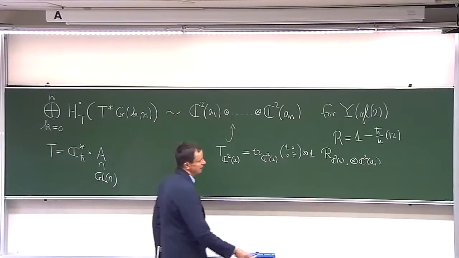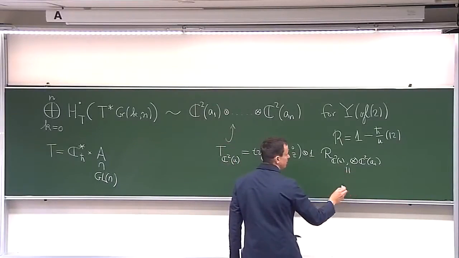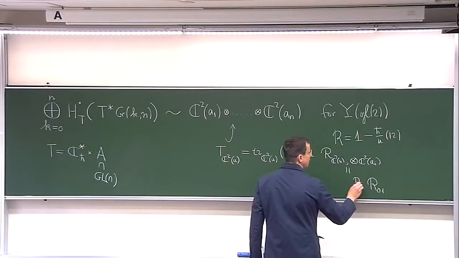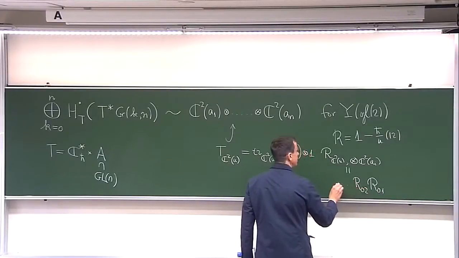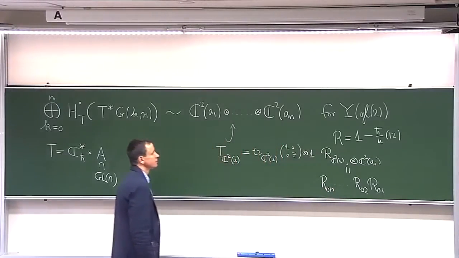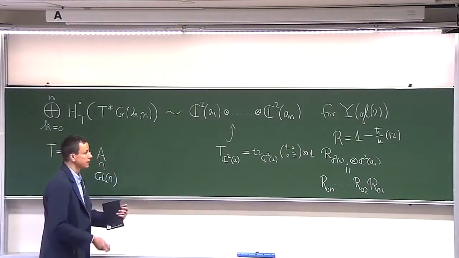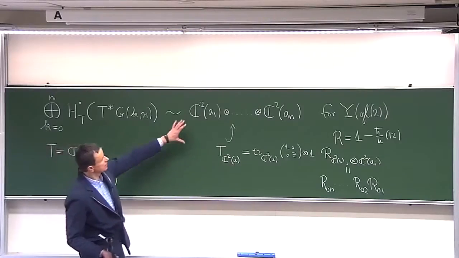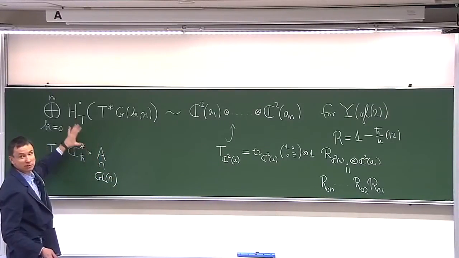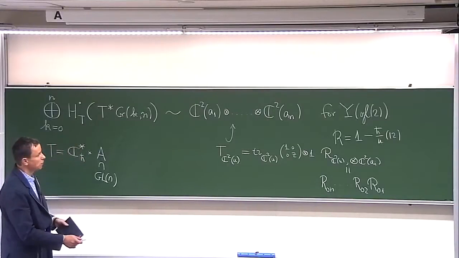So what this R matrix really is, is the product of R_01, R_02, as we discussed. So these operators here commute, and they will have something to do with the quantum multiplication on this side.